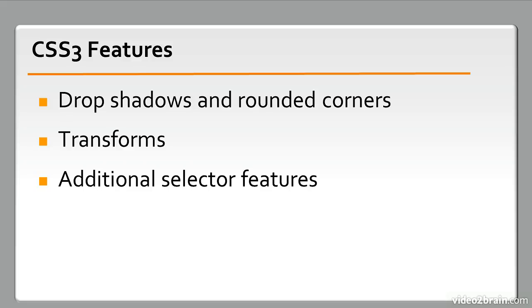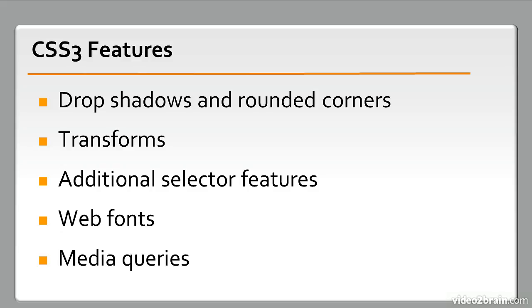Additional selector features. If you're familiar with CSS, you'll know that you can use various different ways to find elements, and CSS3 has some new syntax for selection. Web fonts, a new way of managing fonts locally on your server. And then media queries, the ability to define adaptive applications where it displays itself differently on the screen than on the printer.